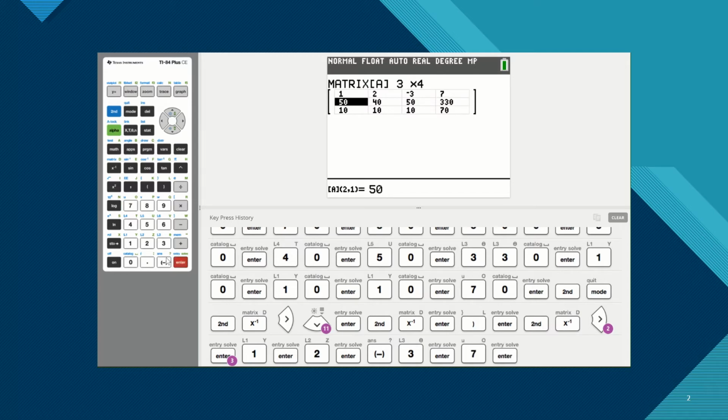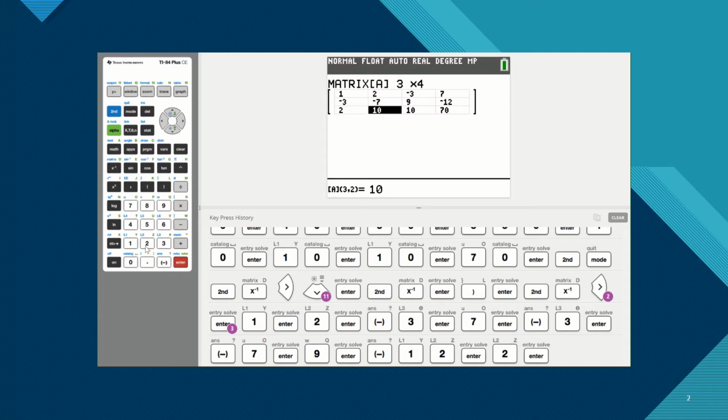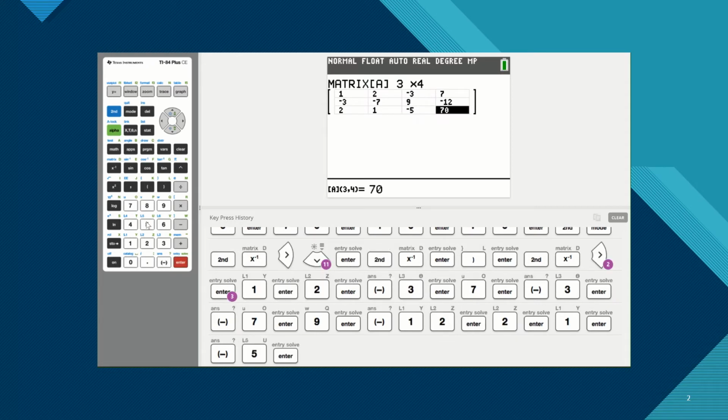And the second equation was negative 3x, so negative 3, negative 7y, so I'm going to put in negative 7, 9z, so I'm just going to enter 9, and it equals negative 12. And now let's enter our third equation, which was 2x. I'm going to enter 2, the coefficient for the x variable, plus y, so that's 1y, enter 1, minus 5z, so I got negative 5 for the z variable, and that's going to equal 8.